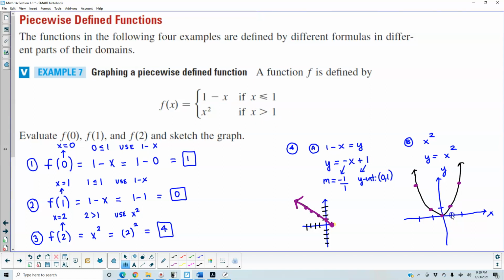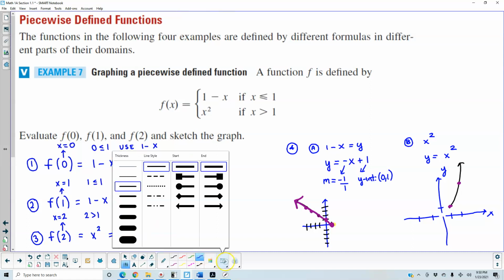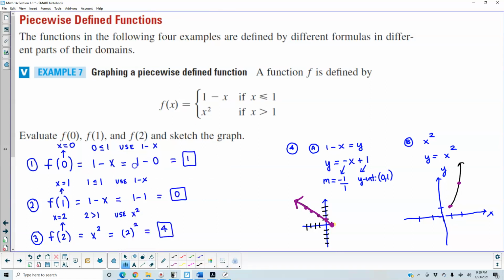So we don't need that part because it's got to be greater than 1. It's at 1, but it doesn't equal 1. So that dot should not be a closed dot. That dot should actually be an open dot. So this graph is going to have an open dot here, and then that one. So that's the two pieces that we graph.